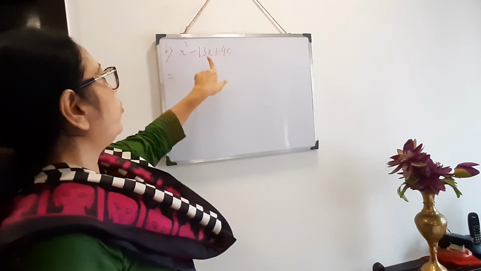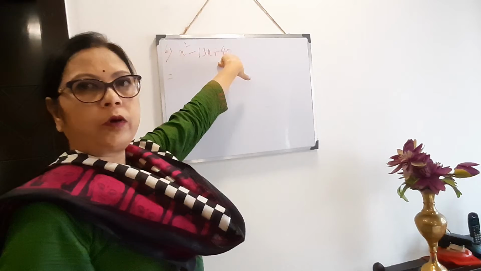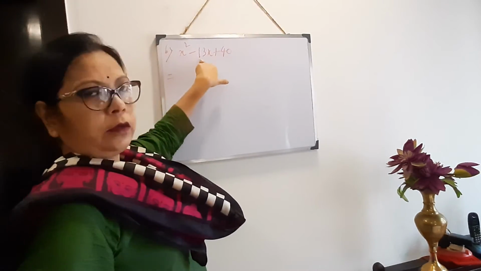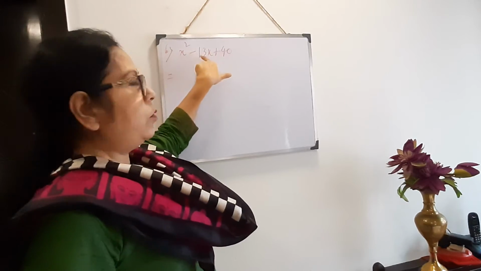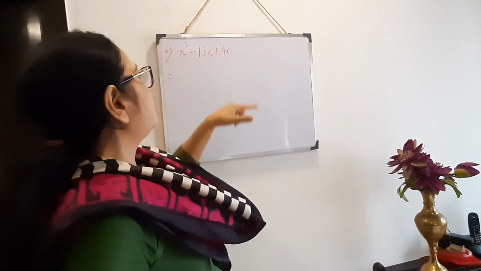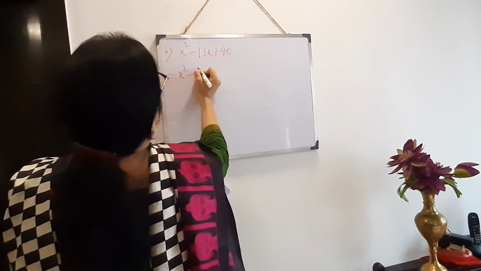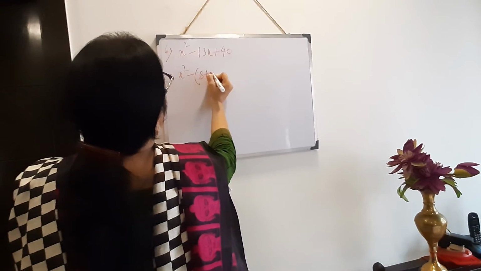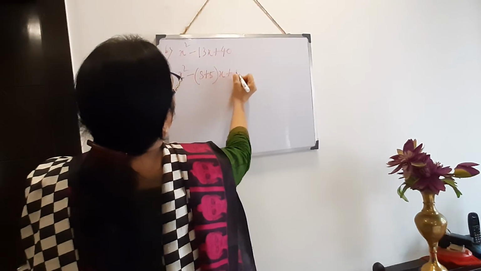And here after adding 8 and 5 we will get 13. As there is a plus sign, that's why we have to add the factors. So the middle term will come. If we subtract, then 3 will come, not the middle term. Clear? So in this case, as there is plus, we have to add the factors. 8 and 5, 8 plus 5, 13.